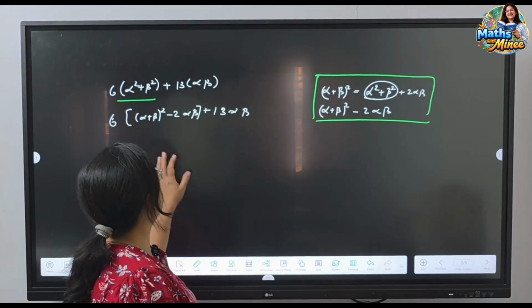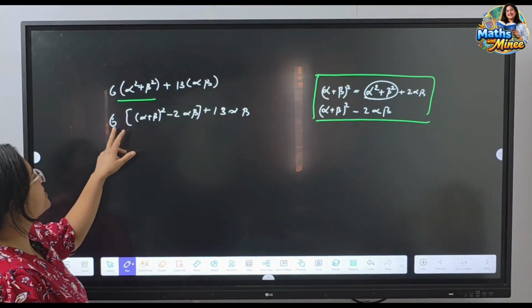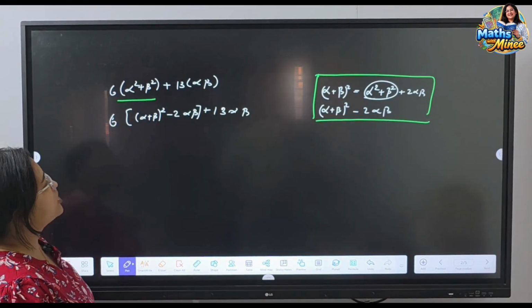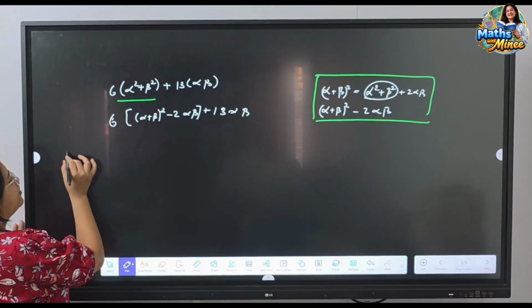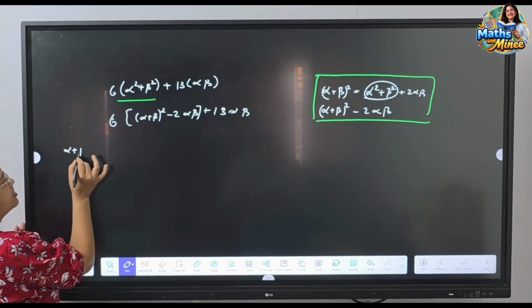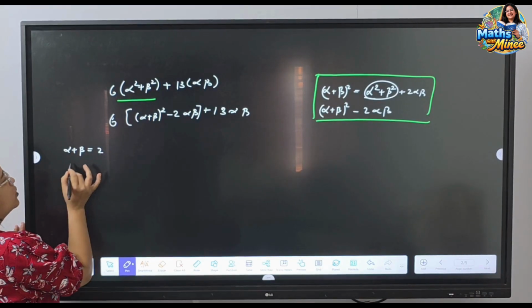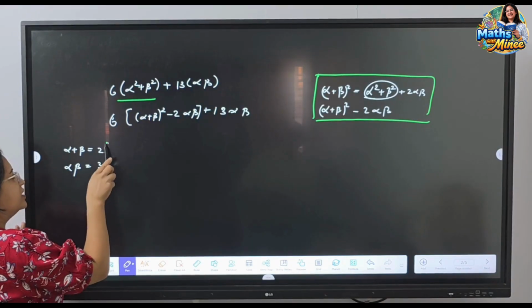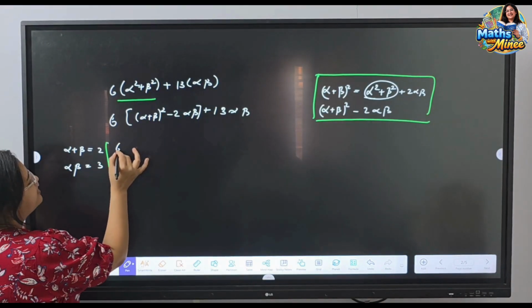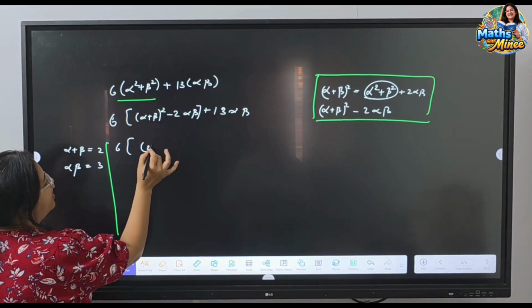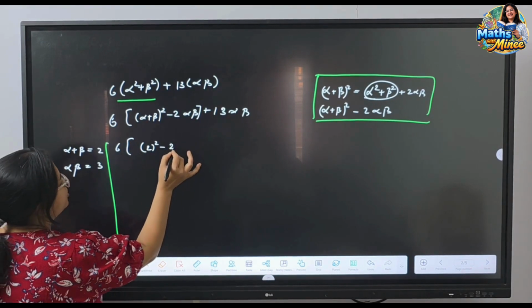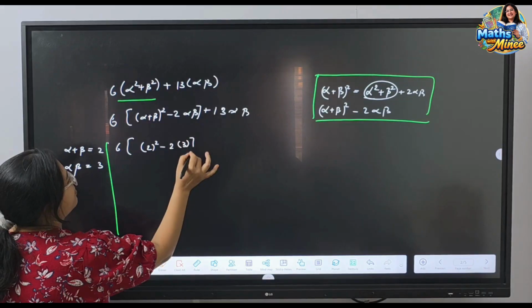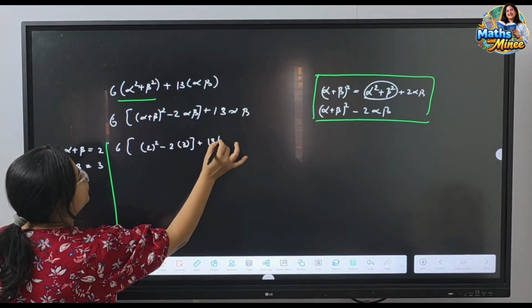Okay, so here if you observe, the value of alpha plus beta is 2 and that of alpha beta is 3. So we will just substitute over here 6 into square of 2 minus 2 into 3, plus 13 into 3.